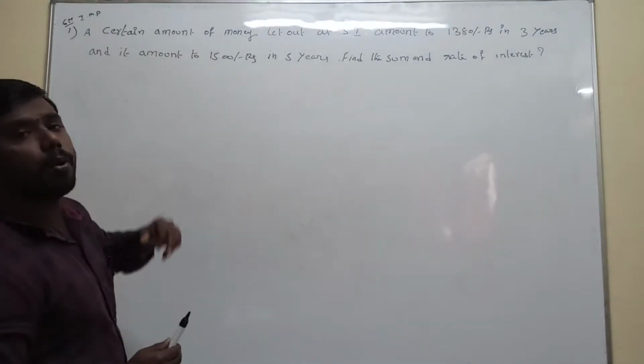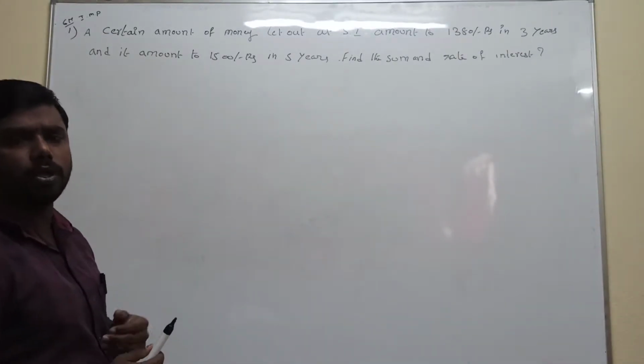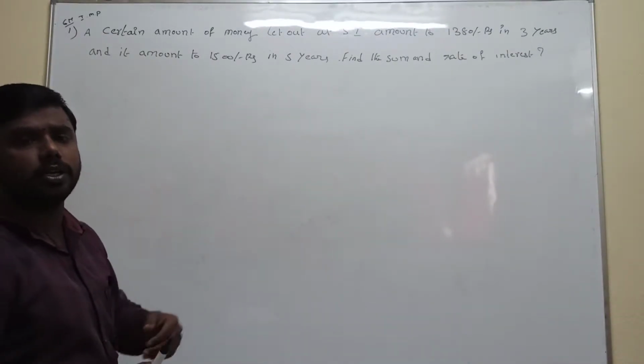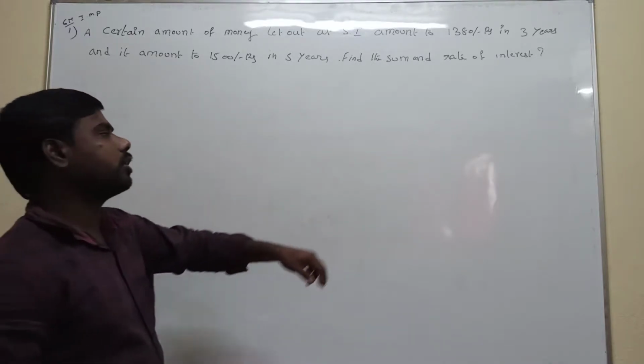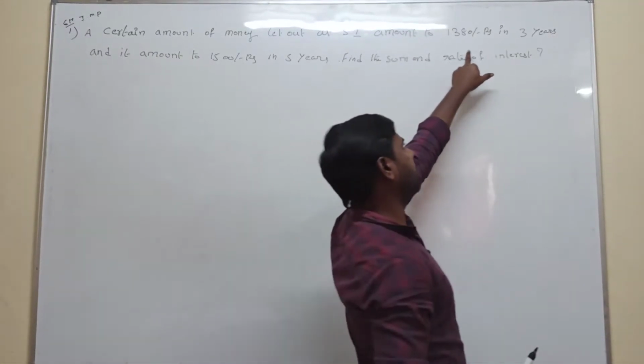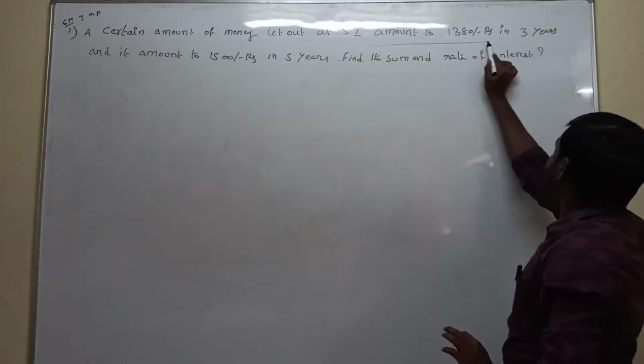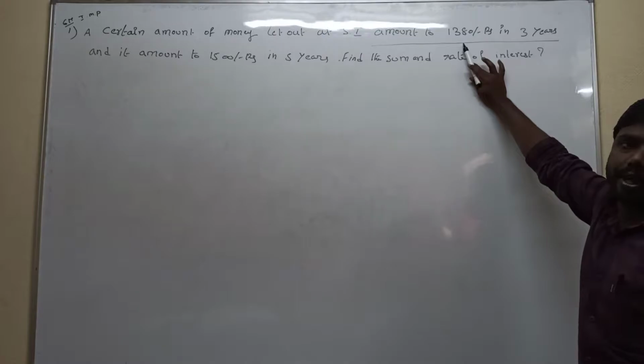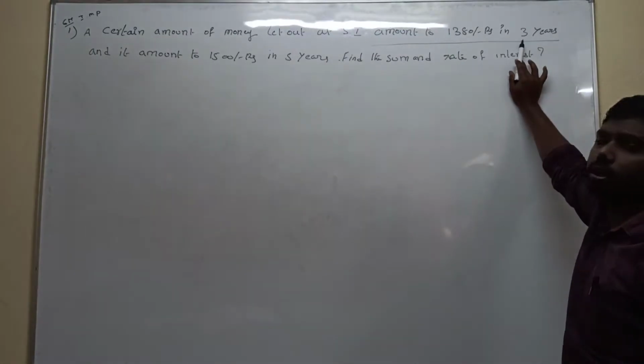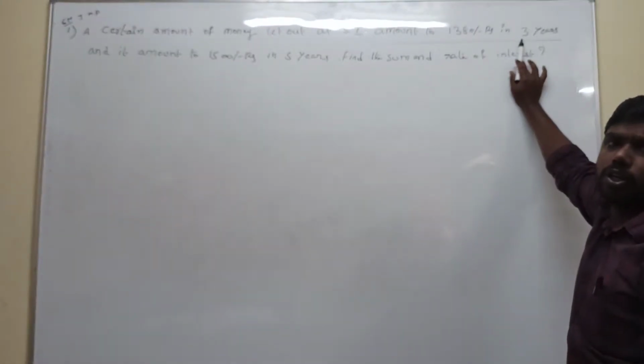A certain amount of money is let out at simple interest, and the total amount is 1380 rupees in 3 years. This is the first case. What is given here? Total amount capital A is given, and time t is equal to 3 years.